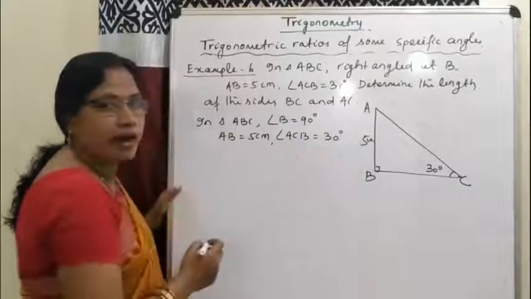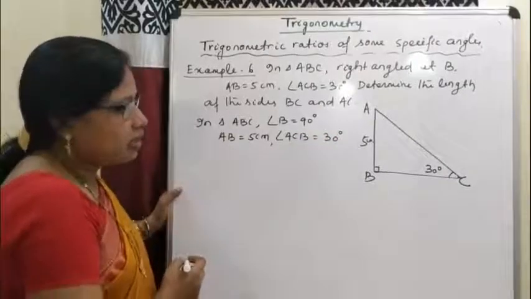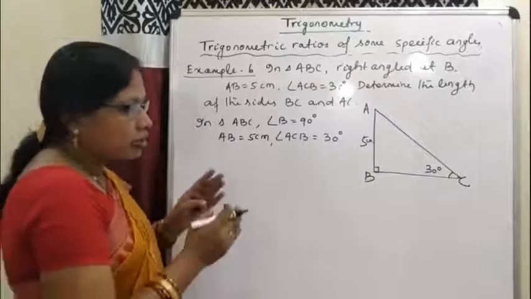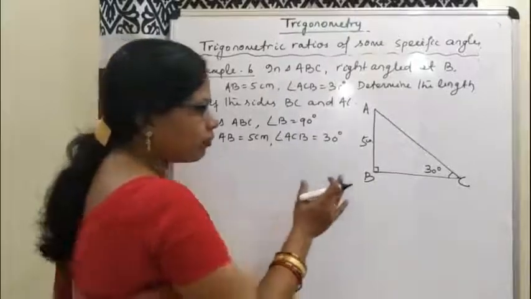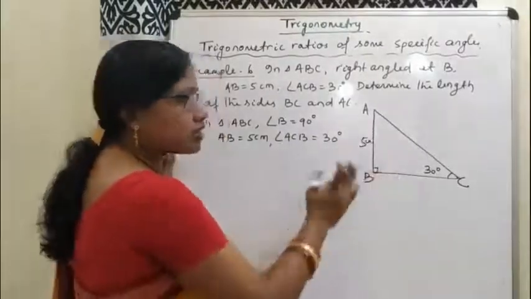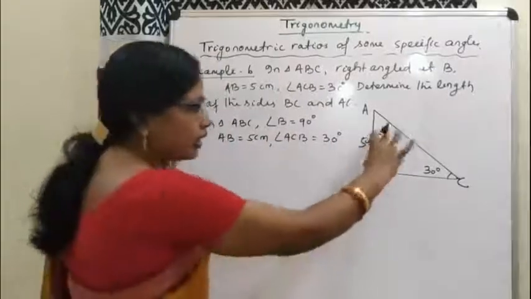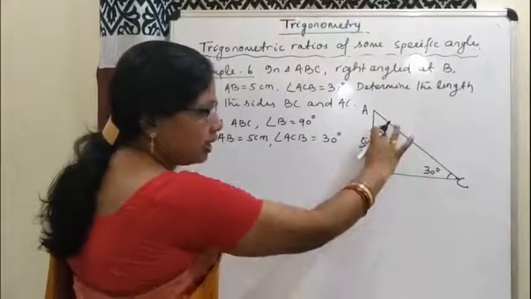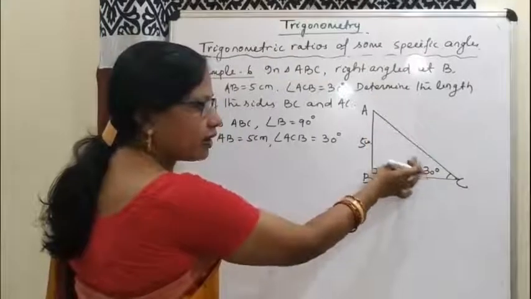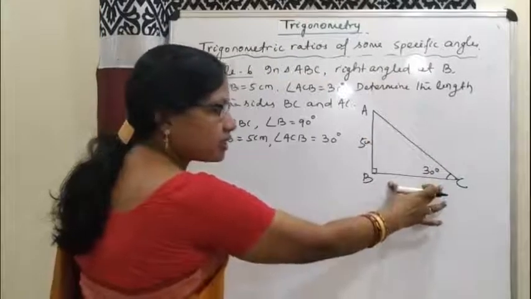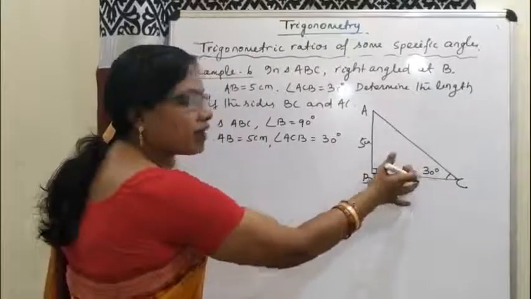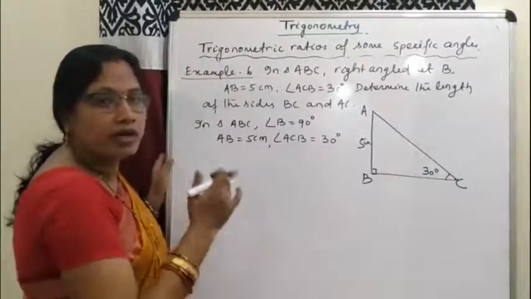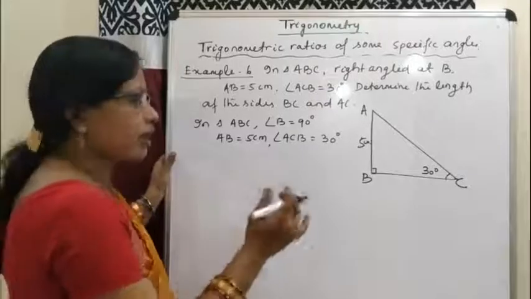So we have to find BC and AC. First, think about which trigonometric ratio relates the sides AB and BC. AB is the opposite side of the 30 degree angle and BC is the adjacent side, so the ratio is tan 30 degree.